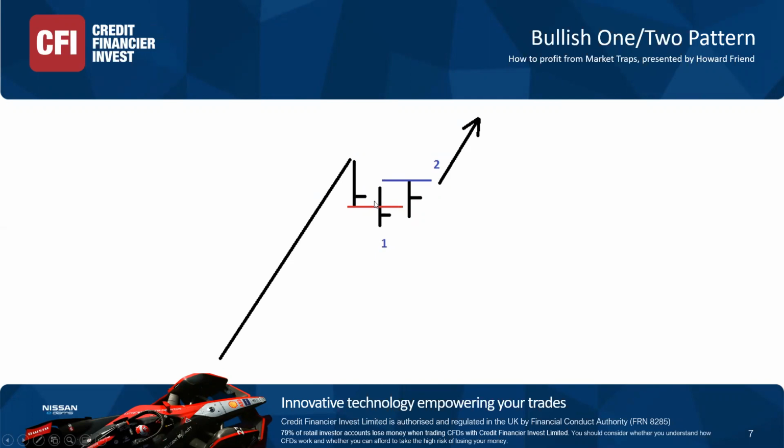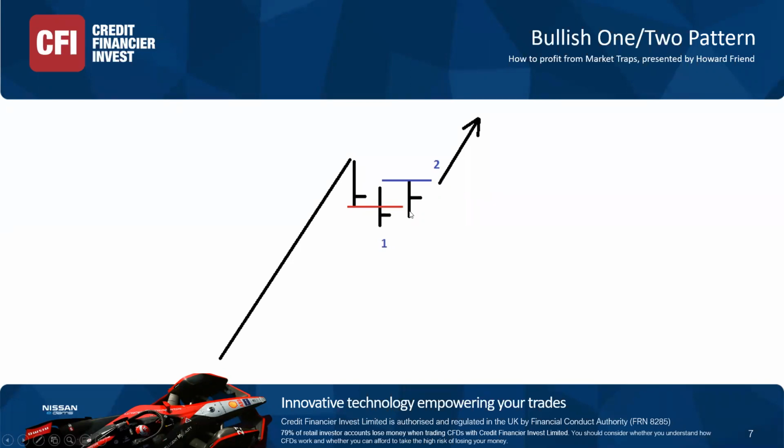So essentially, when we break the red line, we're making a 1. Okay, that's the 1 down. That gets us ready to buy. But we can't buy the market until we've broken through the nearest 2-bar high. So at the end of the 1 bar, the 2-bar high actually is here. The blue line would be here.